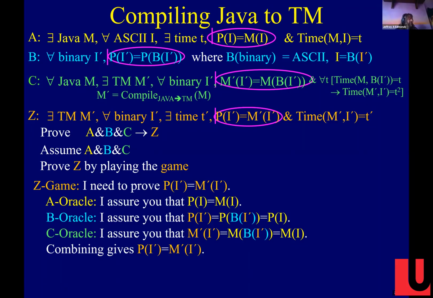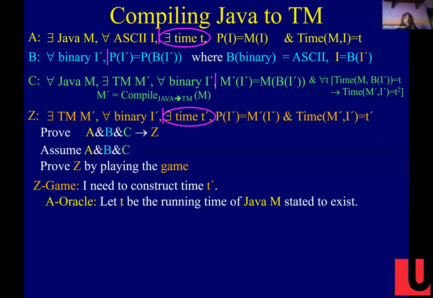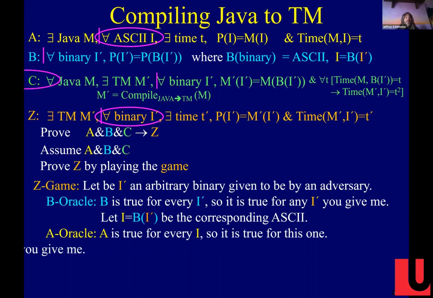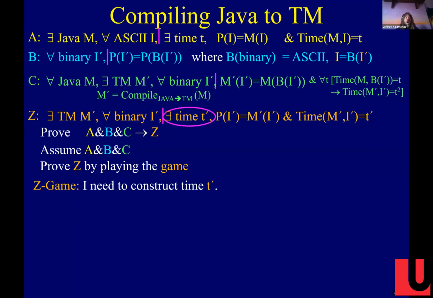Are people following this? Would you be able to just go back to the exist time T for A? All right, exist time T. Well, on this page, our goal is to come up with the running time of the Turing machine.